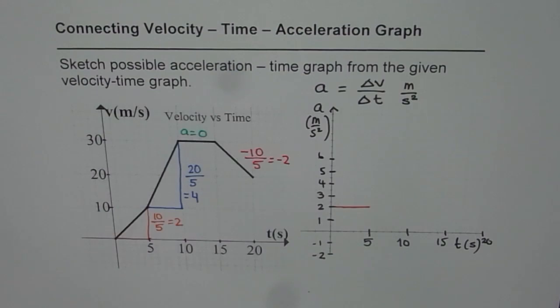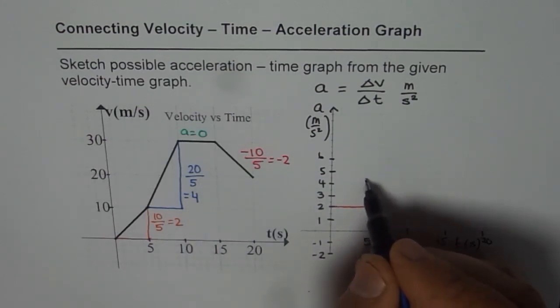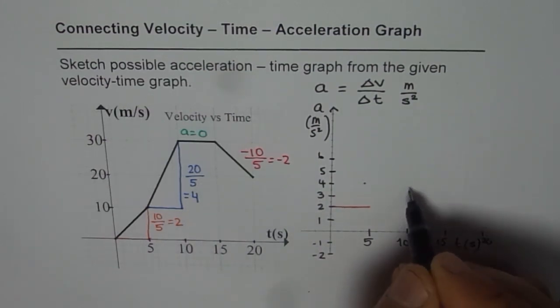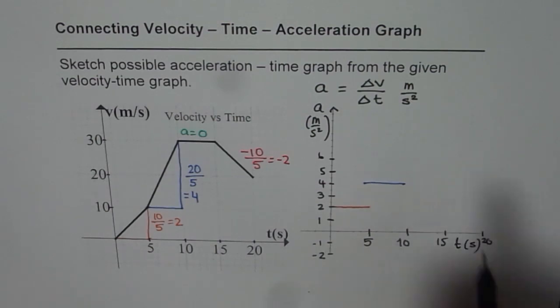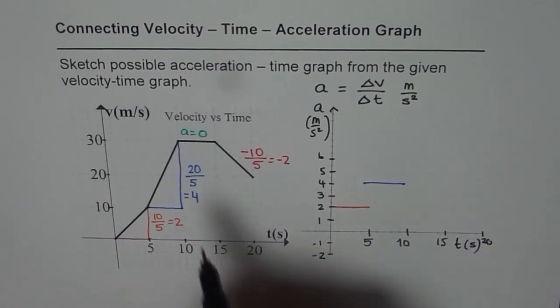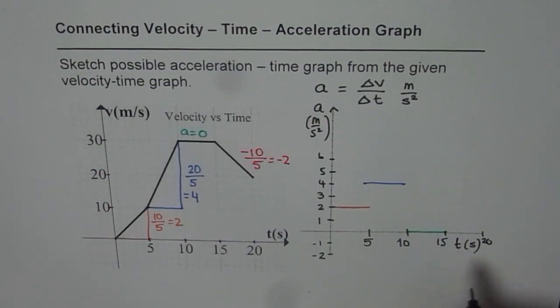And then from 5 to 10 seconds, we have a constant acceleration of 4 meters per second square. Then there is no change in velocity, and therefore acceleration is 0 from 10 to 15 seconds. And after that, there is deceleration.